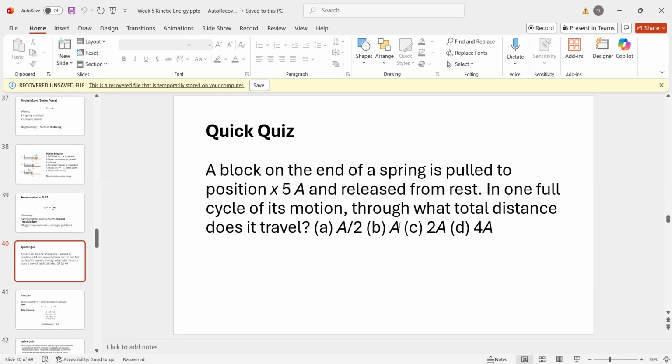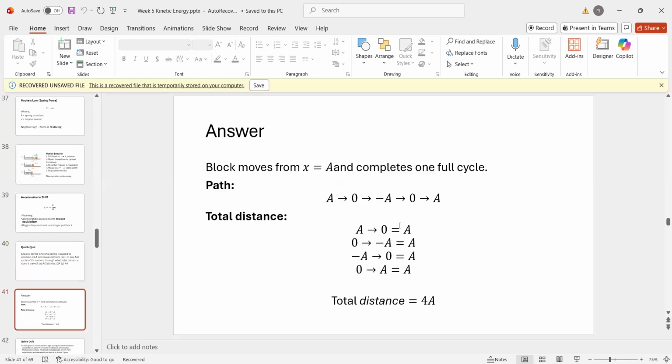In one full cycle of its motion, through what total distance does it travel? The options are: A, A over 2; B, A; C, 2A; D, 4A. How do we arrive at the answer?